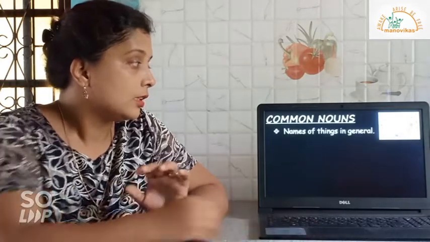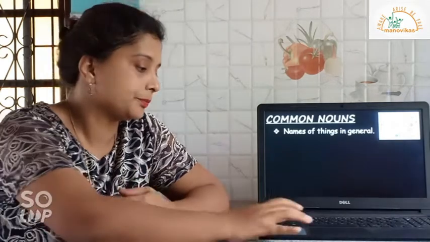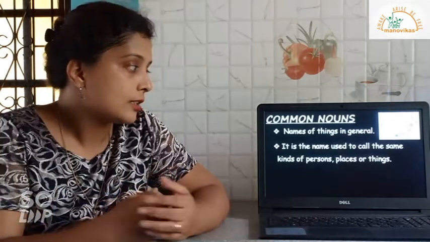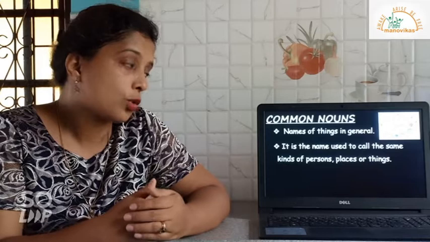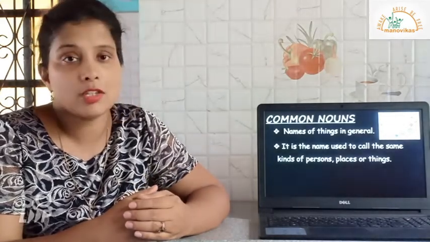A common noun is nothing but the name given to things in general. It is the name which is used to call the same kinds of persons, places, or things.